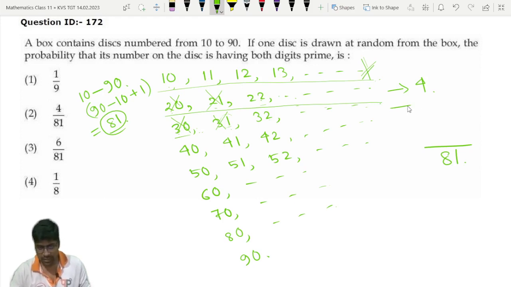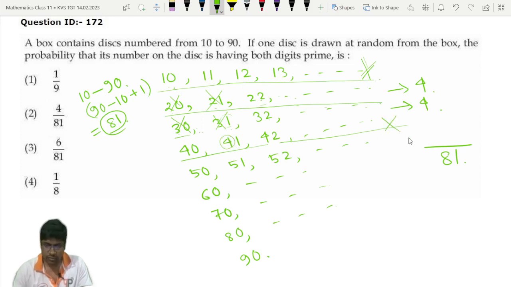So 4, here also 4. Now in this row, no number will be of our purpose because 4 is a composite number, so this is discarded.